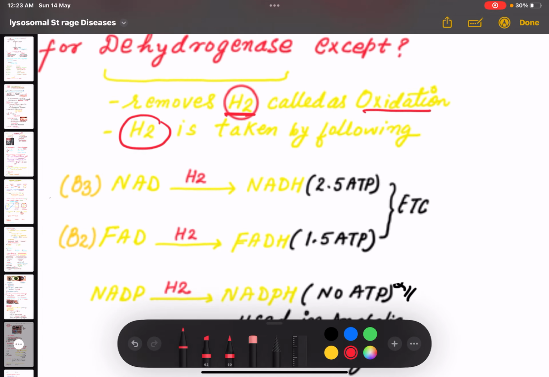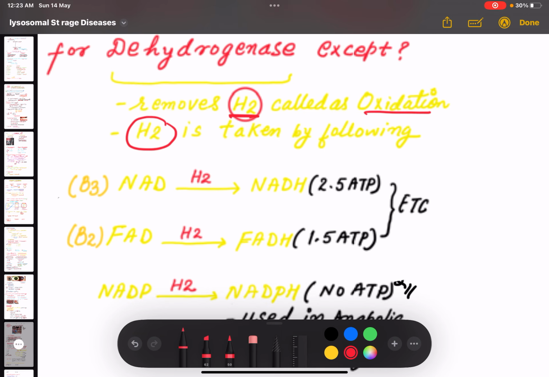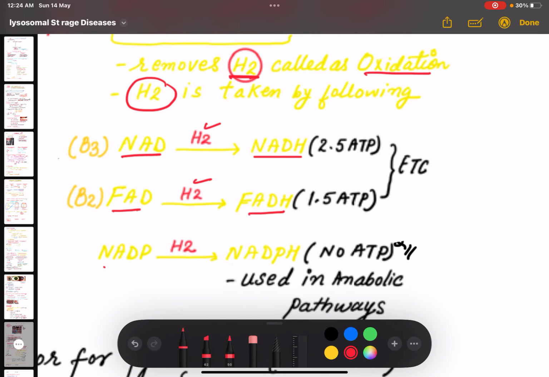It can be taken by NAD. Once it is taken by NAD, it becomes NADH. If this hydrogen is taken by FAD, it becomes FADH. If it is taken by NADP, it becomes NADPH.